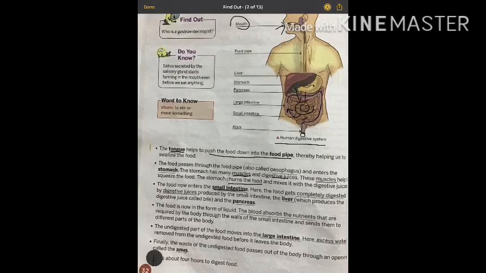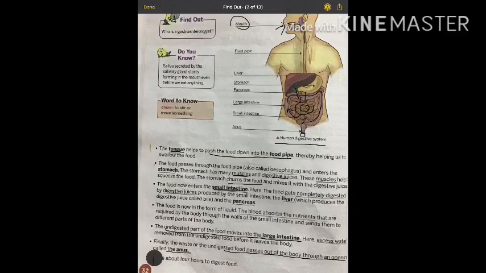The remaining food after the nutrients are absorbed is thrown into the large intestine, and from the large intestine the undigested food passes out of the body through an opening called anus.